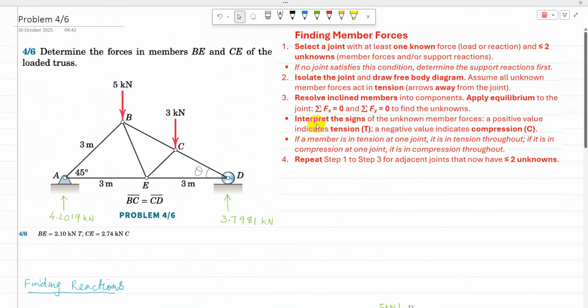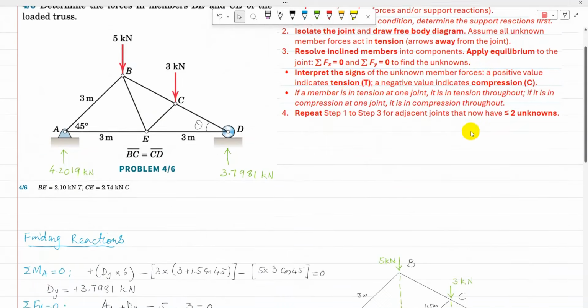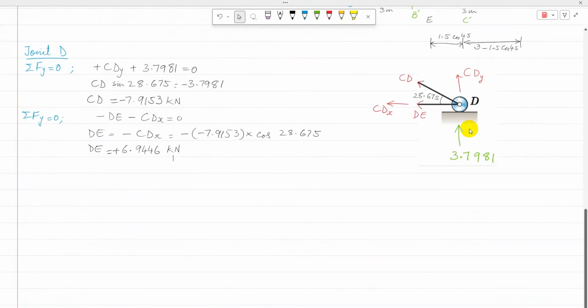So here, interpretation of the sign is a positive value indicates tension and a negative value indicates compression. So now CD is negative. So CD is now 7.9153 kilonewton in compression, and then DE is 6.9446 kilonewton as tension.